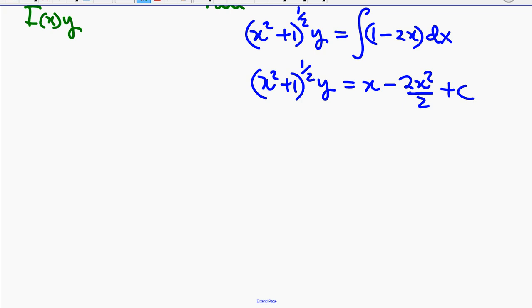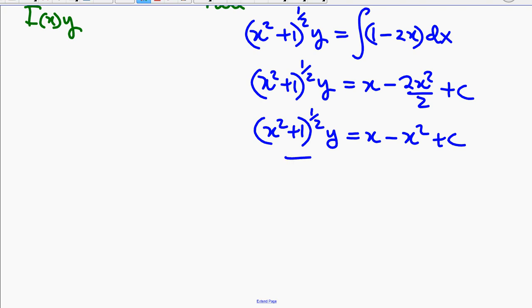That will be x squared plus 1 to power a half y equal to x minus x squared plus c. That will be our general solution.